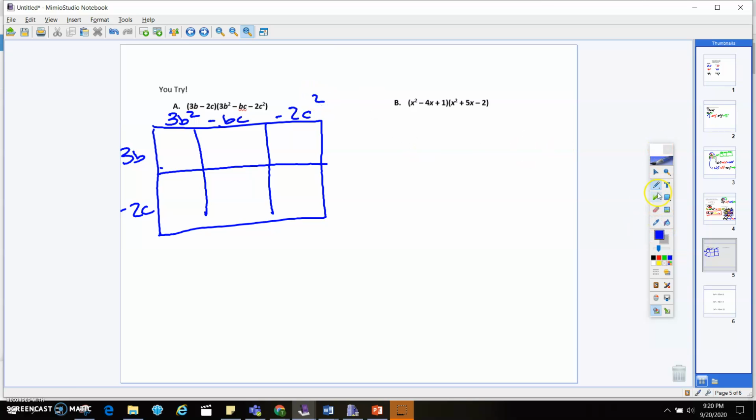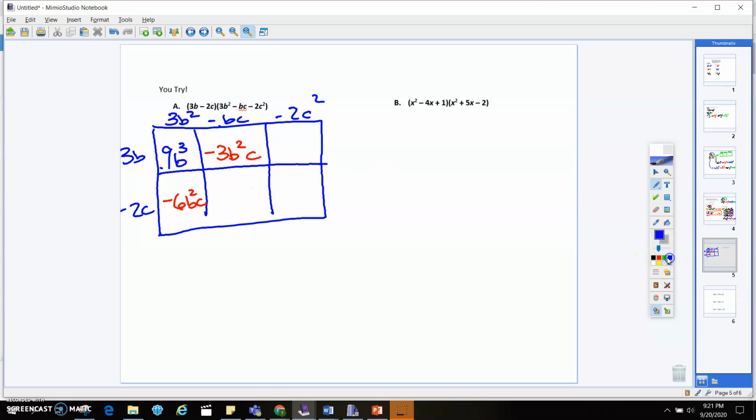All right, so now I'm going to actually multiply. 3 times 3 is going to give me 9. B to the first times B to the second is going to give me B to the third. And then I've got negative 2c times 3b squared, which is going to give me negative 6b squared c. And then I've got 3b times negative bc, which is going to give me negative 3b squared c.